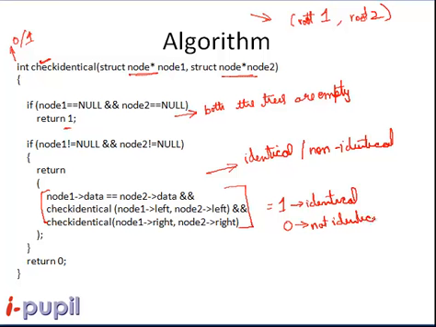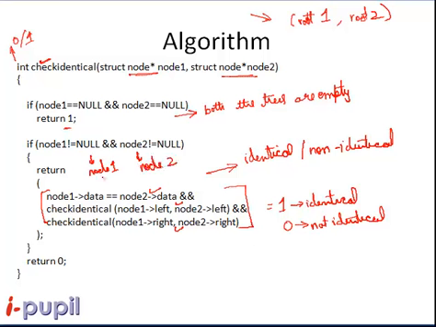I'll return a 1 if all three conditions are satisfied. So let's discuss the conditions in detail. First of all, the current node that I'm considering in tree 1 is node 1 and the current node I'm considering in tree 2 is node 2.